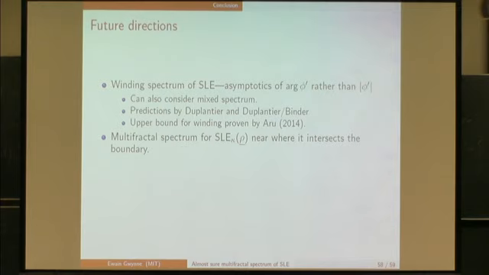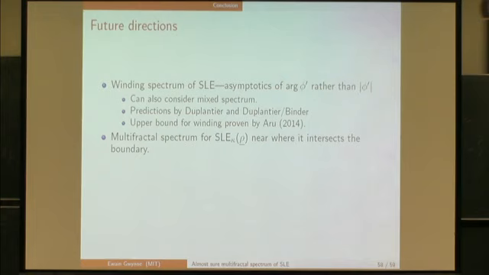And then additionally, one can try to look at the multifractal spectrum of SLE kappa rho near the points where it intersects the boundary. All of our results apply for SLE kappa rho when you restrict to subsets of the curve away from the boundary, just by various absolute continuity arguments.